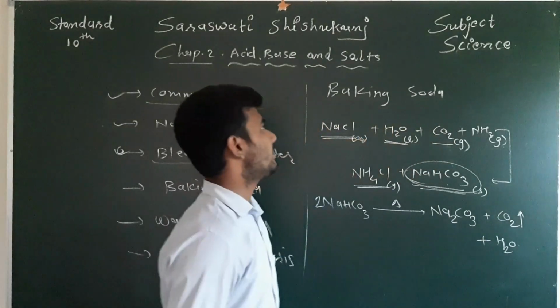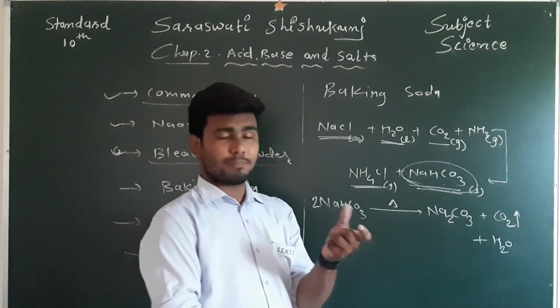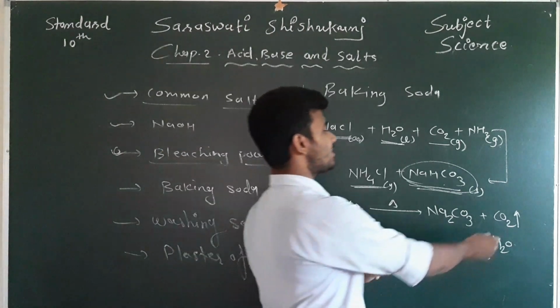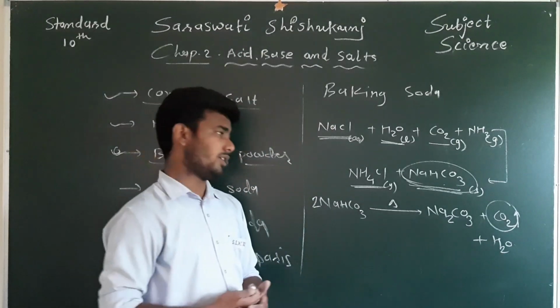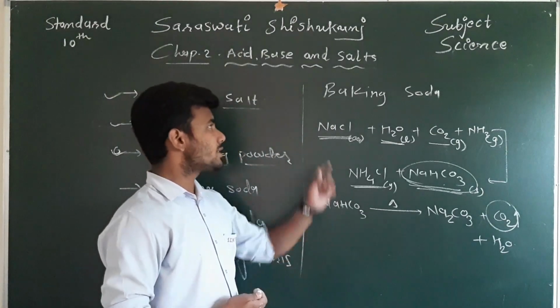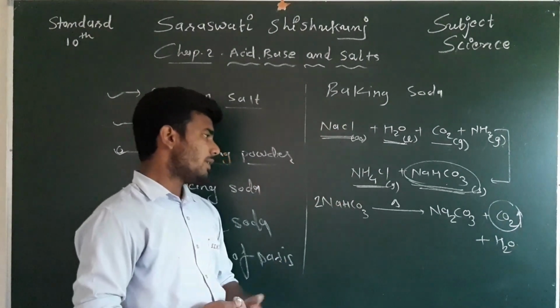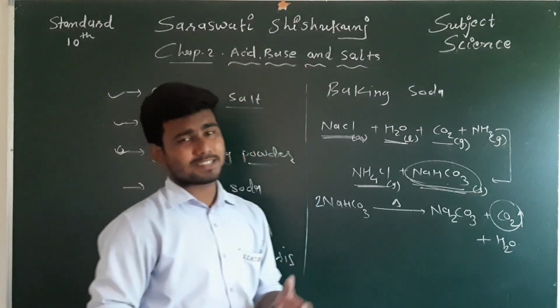Now, as we all know, this baking soda is used to make pakoras crispy, also to make cake spongy, and it's due to the carbon dioxide gas which is produced there. In the process of fermentation, also carbon dioxide gas is released, due to which it becomes spongy. So in baking soda also, by heating it, carbon dioxide gas is released which makes it spongy.